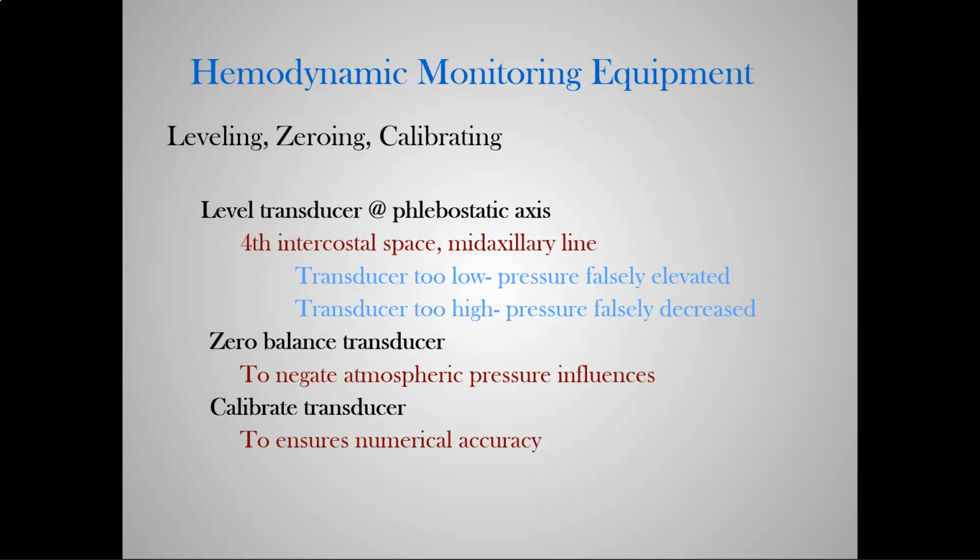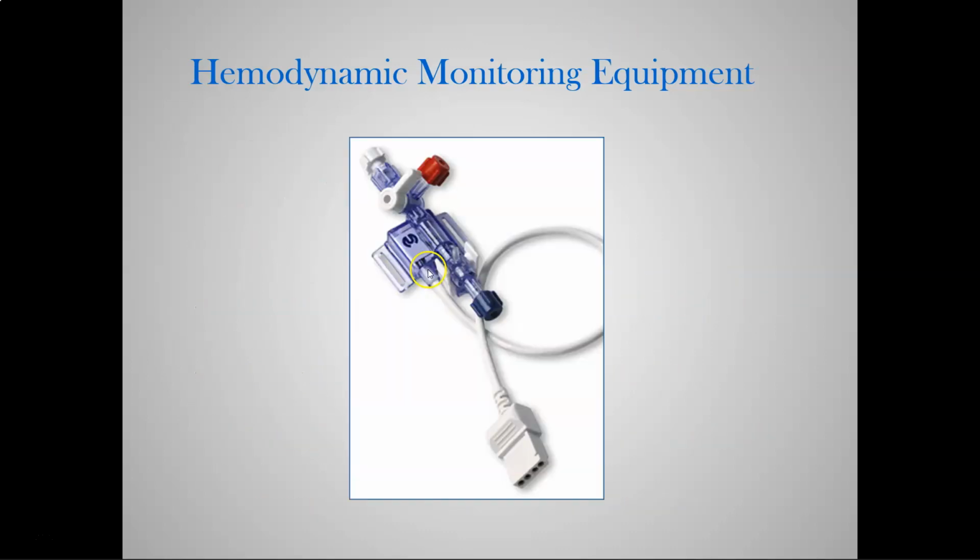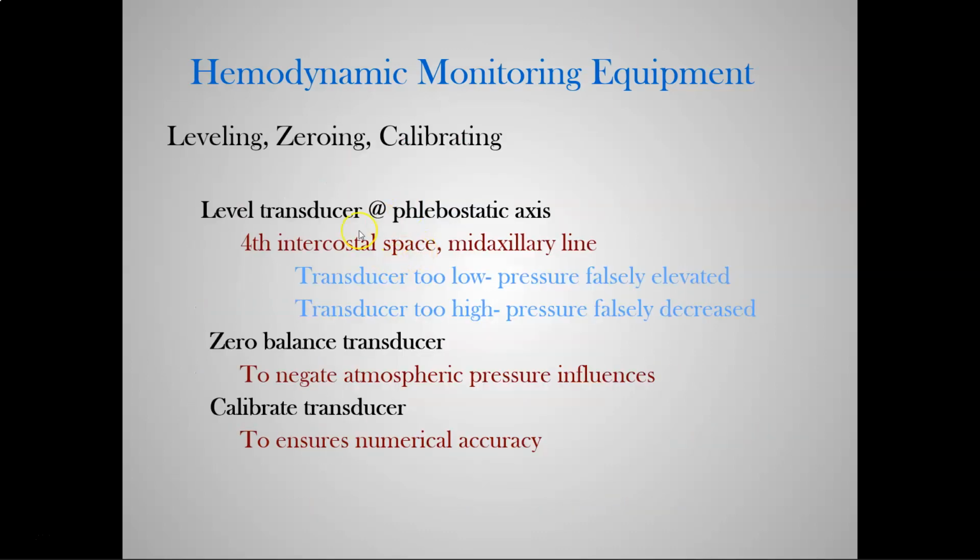And you're like, oh my God, I'm supposed to titrate to 90 systolic or a MAP of 65. Oh no, I need to titrate, but I'm running out of room. Oh no, I'm having to trend up. Well, before you jump to all those conclusions, maybe look at where your transducer is, and by the way, this is the transducer. Make sure your transducer is sitting at the phlebostatic axis.